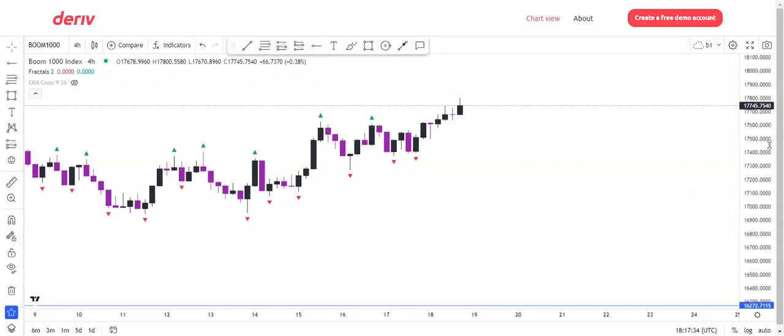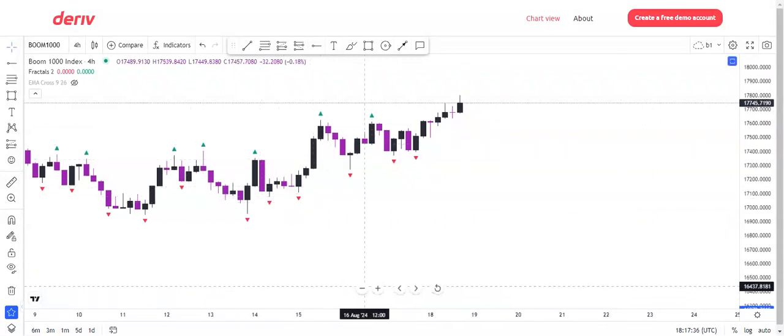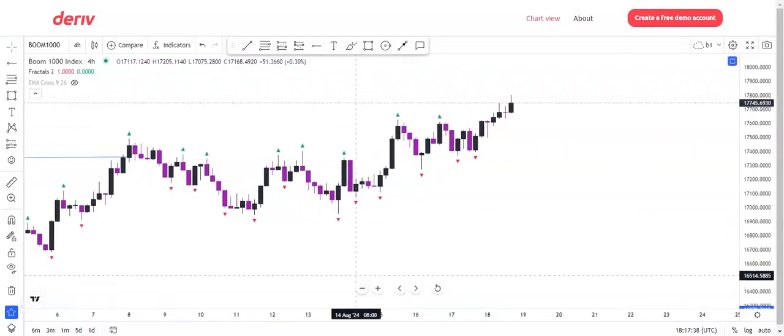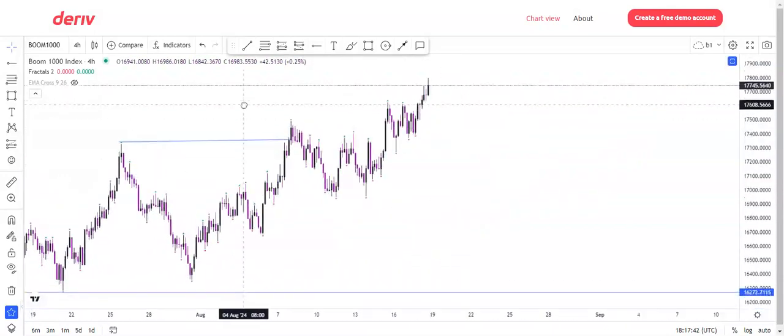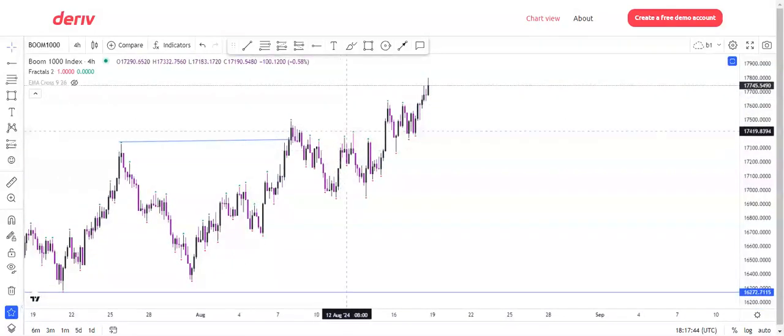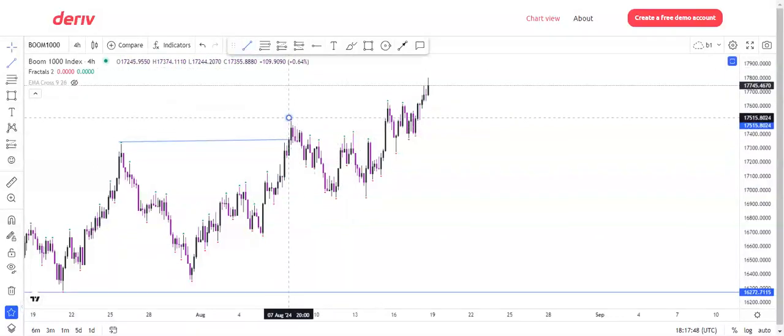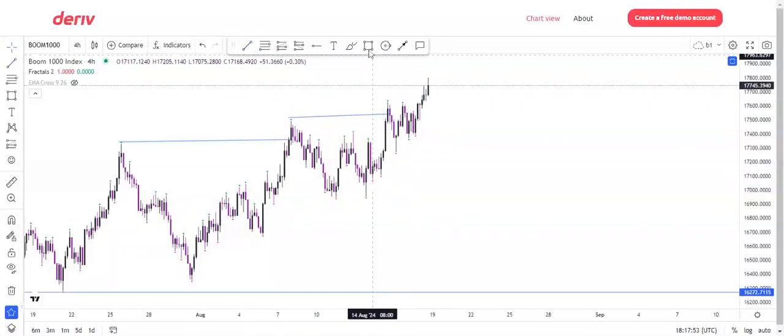Still very much bullish. As you can see, what we're doing is just breaking structure.